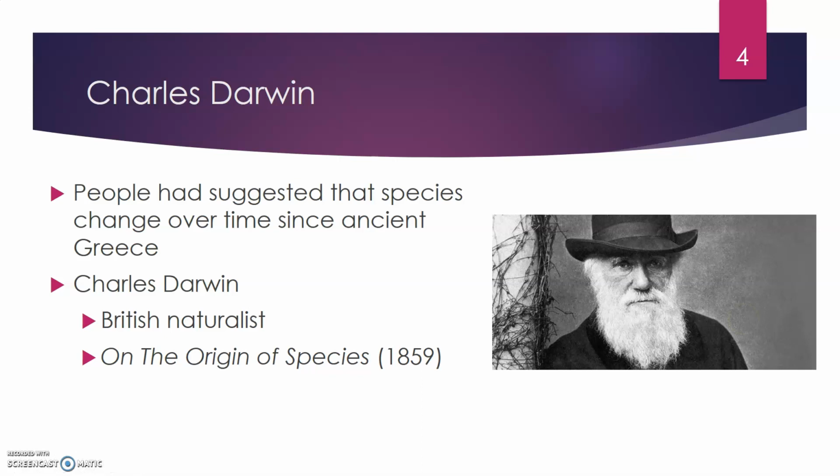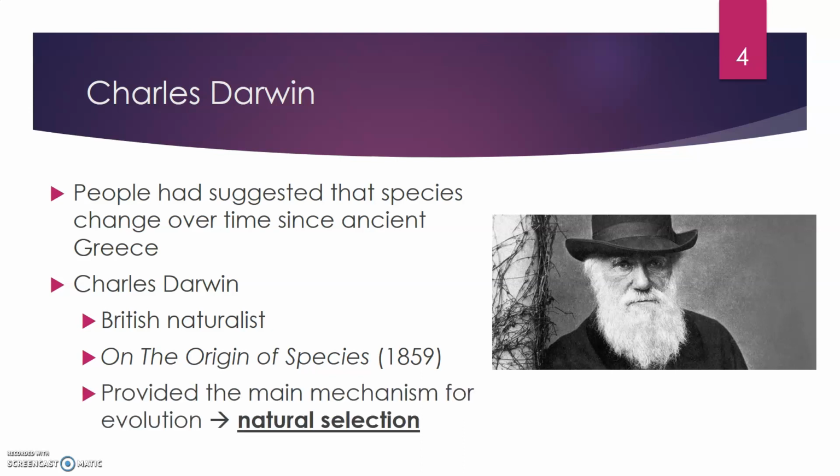And Charles Darwin was a British naturalist, so somebody who studied nature, animals and plants out in the wild, and he wrote this seminal work called On the Origin of Species, where he explained the mechanism that he believed was responsible for evolution, which he deemed natural selection. And we're going to talk a little bit about how he came to this theory, as well as what it means in the next few slides.